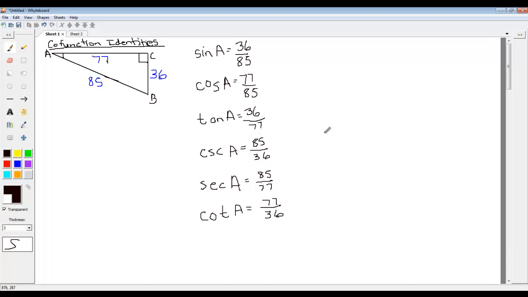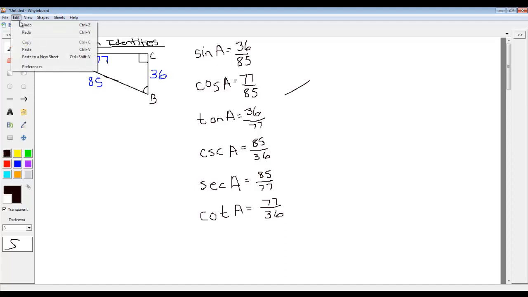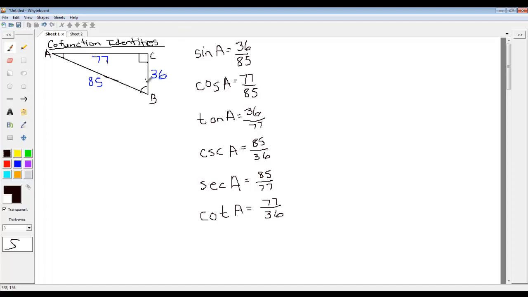Now let's look at B. Let's get the values for B as well. We're going to go to angle B right here, another acute angle, and we're going to look at what the trig ratios are for it as well.